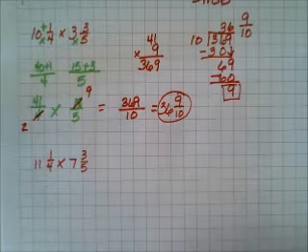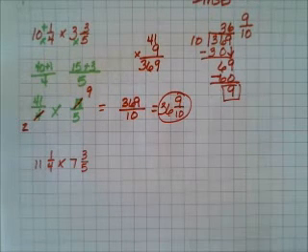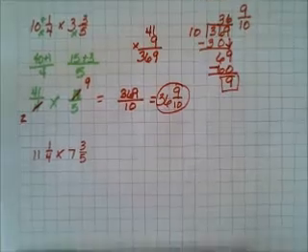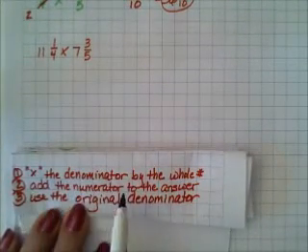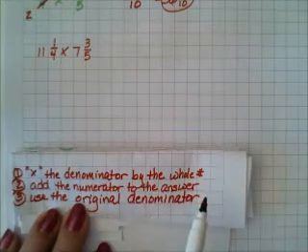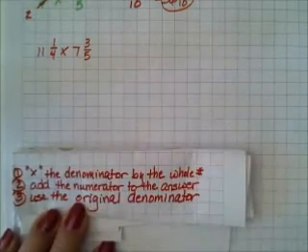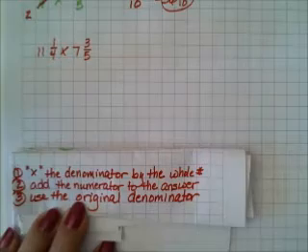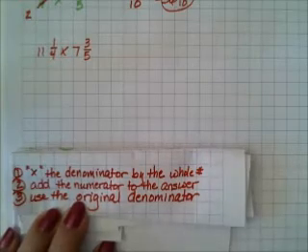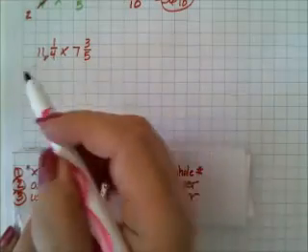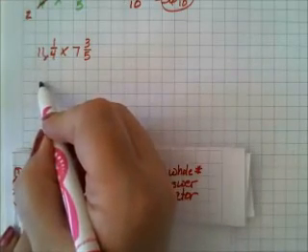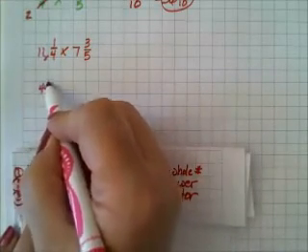Changing them into improper fractions, first step: multiply the denominator by the whole number. So in this case, my denominator 4 times 11, I get 44.